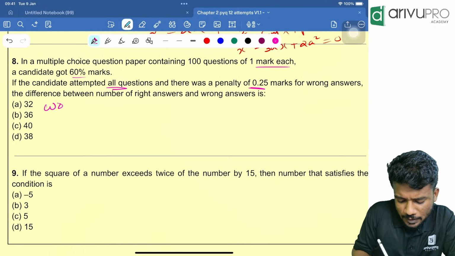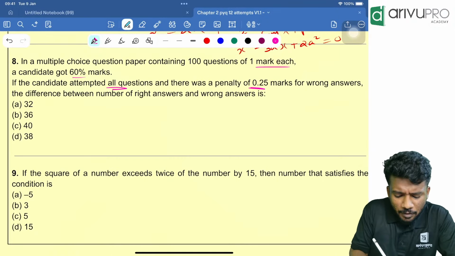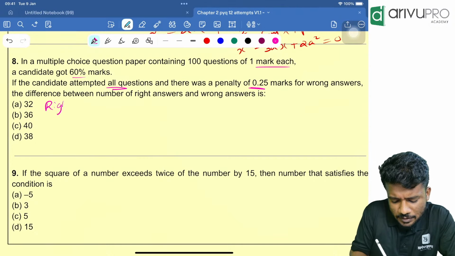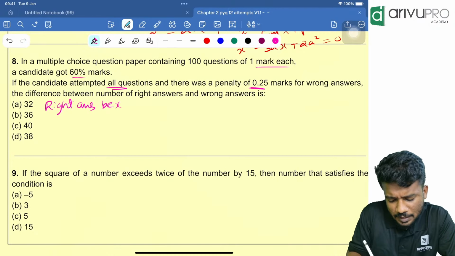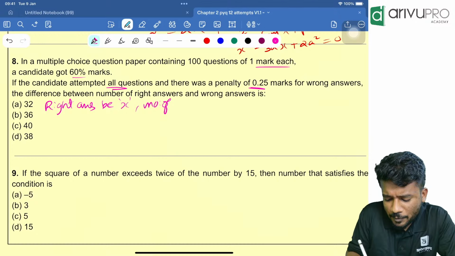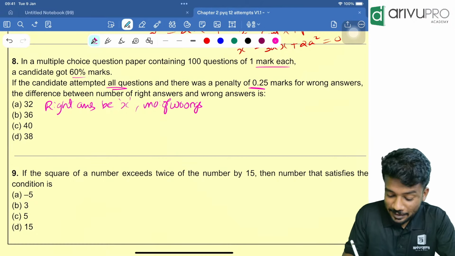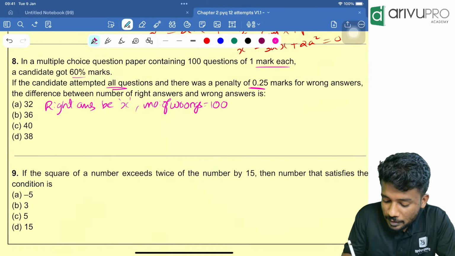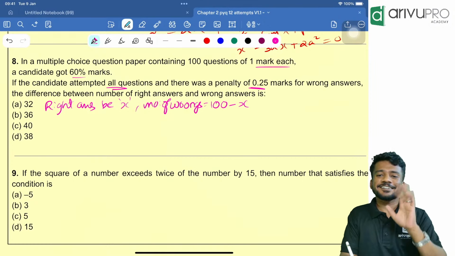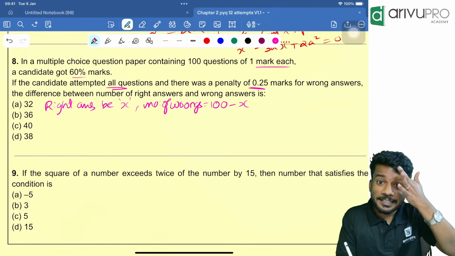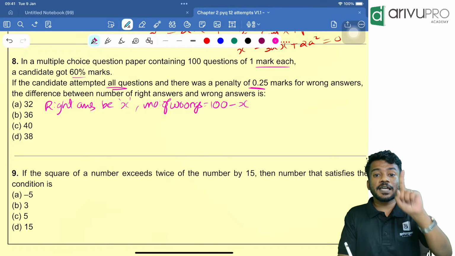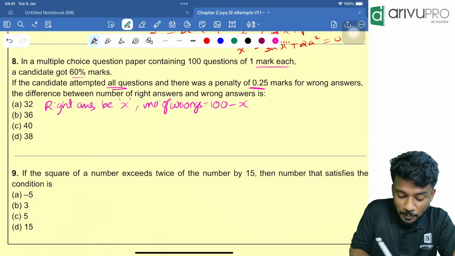Let the number of right answers be x. Then the number of wrong answers will be what? The total 100 questions are there, so how many wrong answers should be there? 100 minus x. Correct? Now in reality, if you get one right answer, how much marks will you get?